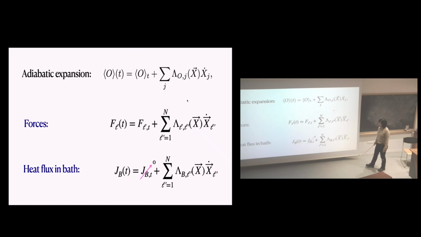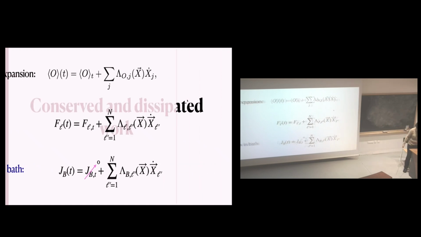In the case of the fluxes, if we have just one bath, which is the situation for today, with one bath and one system with parameters changing in time, the flux will be 0 for the frozen component. But we will have this adiabatic correction.